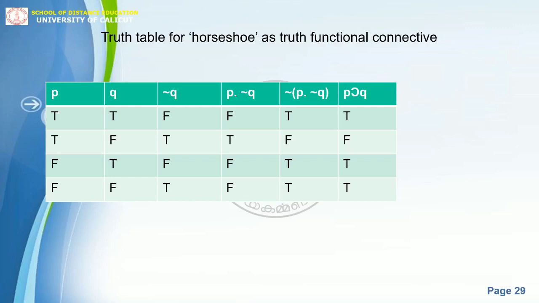Similarly, in the next row, if P is true and Q is false, then negation Q is true, then P conjunction negation Q is true, and the negation of that will be false.